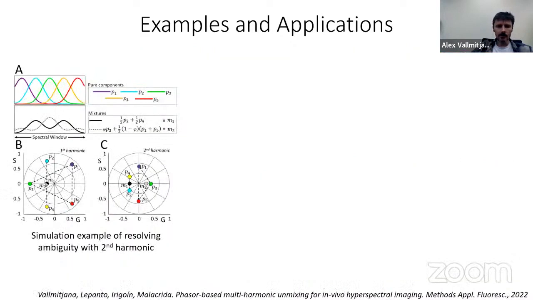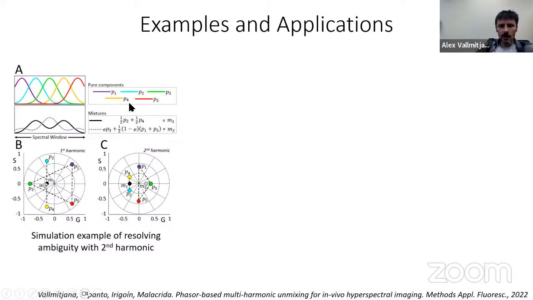Finally, this is a slide that wraps up. This is a graphical interpretation of this higher harmonic, how it's solving the problem. Let me walk you through it. This is all conceptual. Say you have 5 spectral emissions, each of them very distinct.